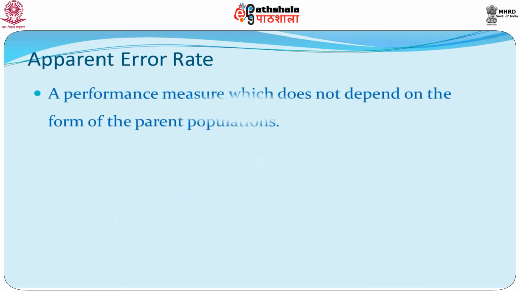Now, how do you decide on which of the measures is good, which of the classification rule is good? So, we need a performance measure which does not depend on the form of the parent population. Mind you, we have looked at other performance measures, but they actually depended on the underlying distribution of the parent population.